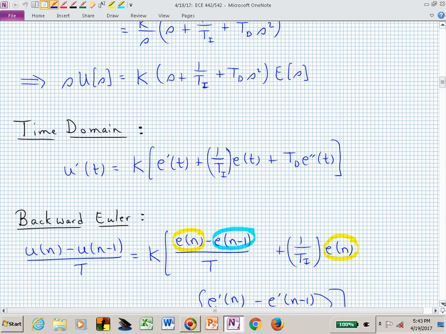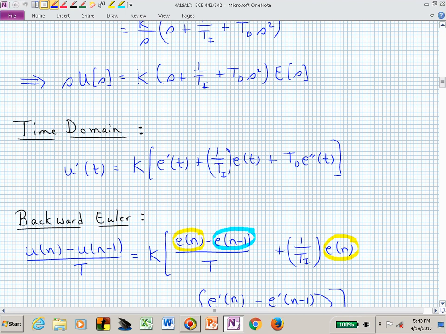And what we want to do now is go from continuous to discrete. We'll do that by using the backward Euler, just to show the connection of how we could find that difference equation that gave us an expression for a PID controller for a discrete time system.